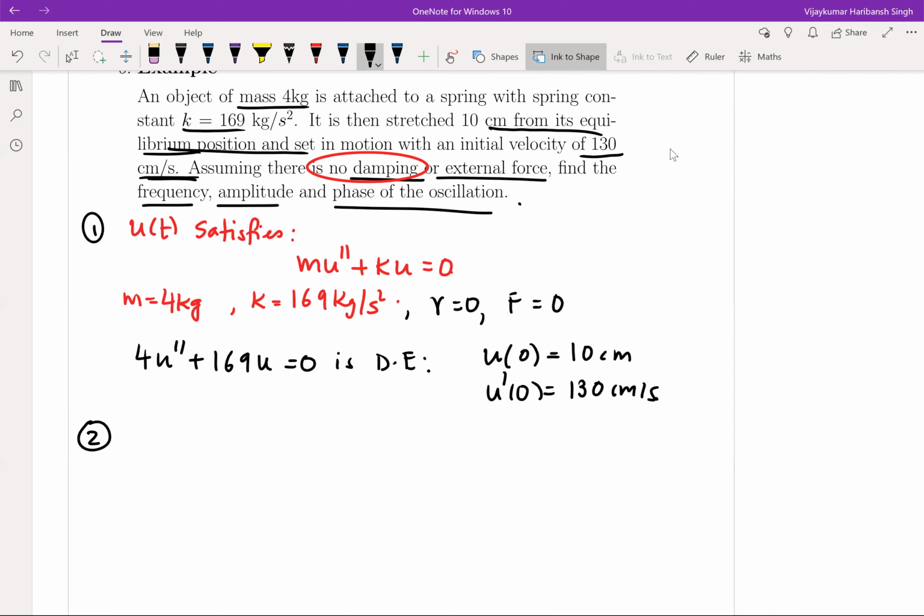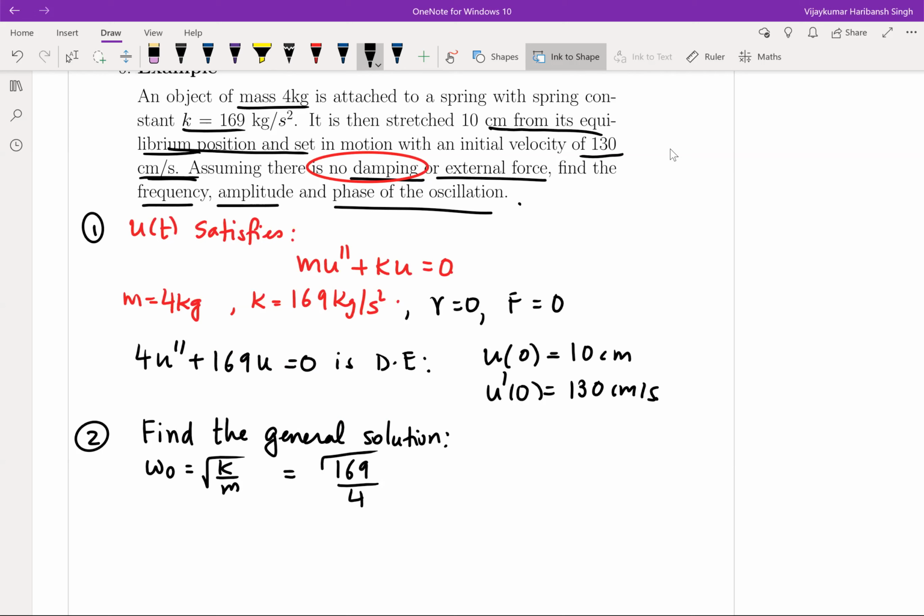Second step is to find the general solution. So what is the general solution given by? First we need to compute omega naught, which is the square root of k by m. K is 169, m is 4, the square root of this is 13 by 2.